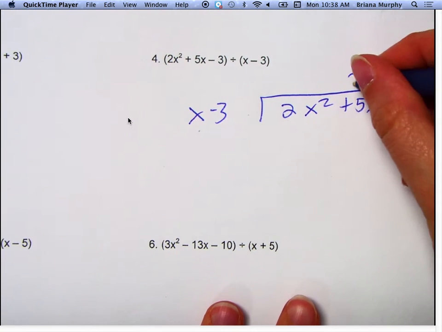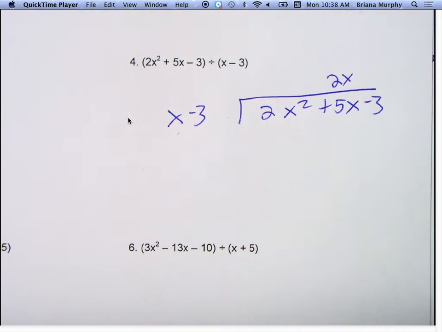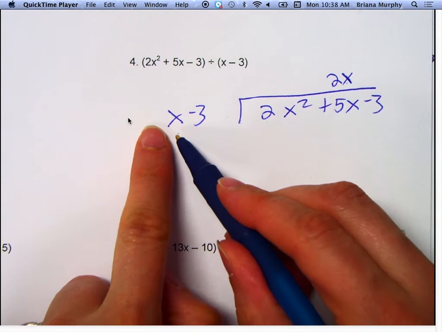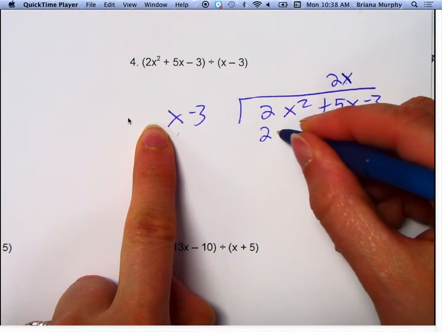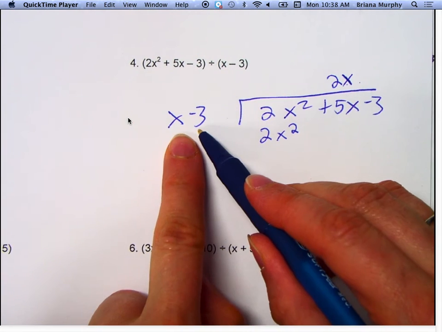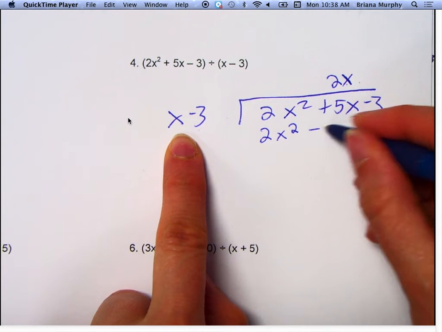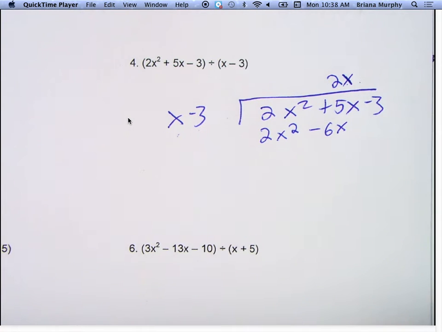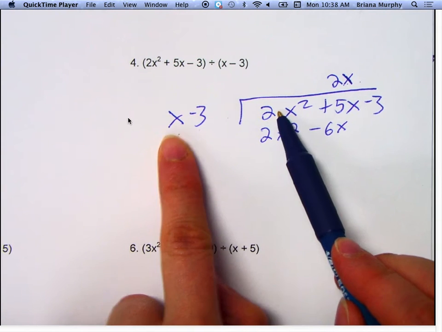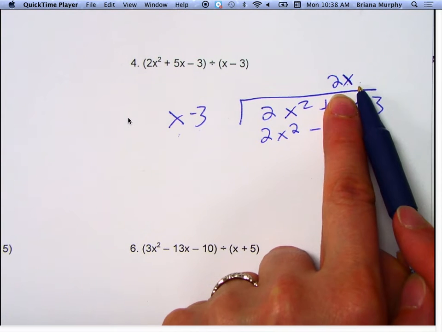I put it over the part that has the x. 2x times x is 2x squared. 2x times negative 3 is negative 6x.